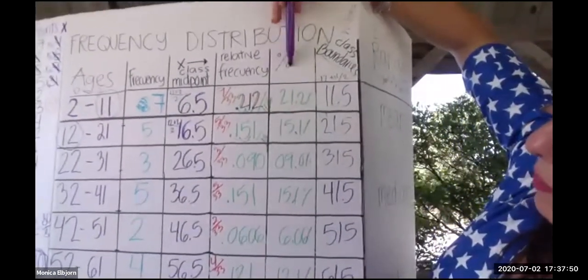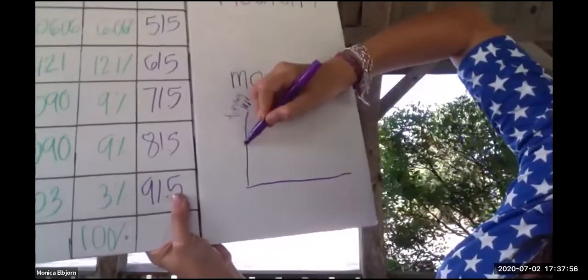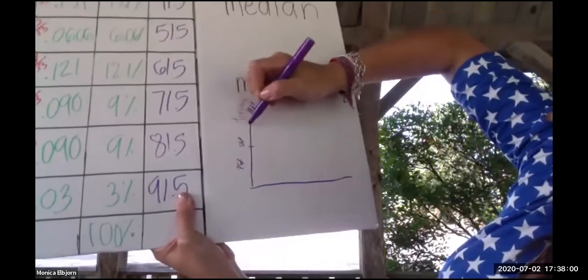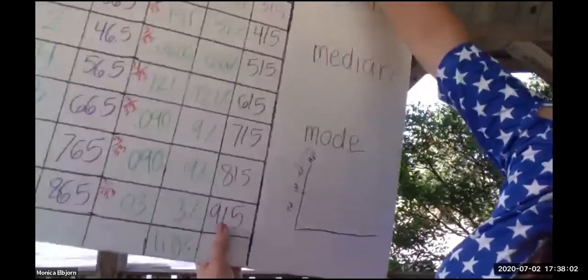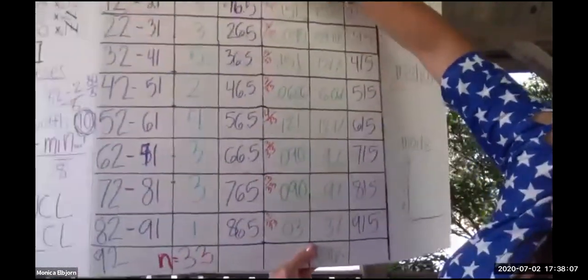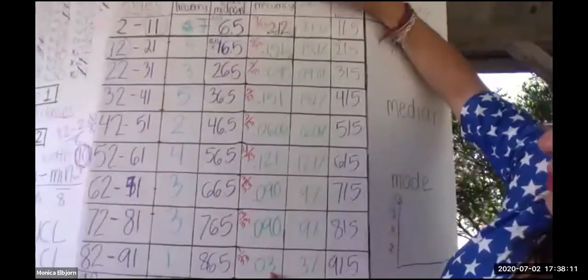You can build it by percentage. So this could be 100%, 50%, 20%, 25%. You can go by percent, or you can go by frequency.